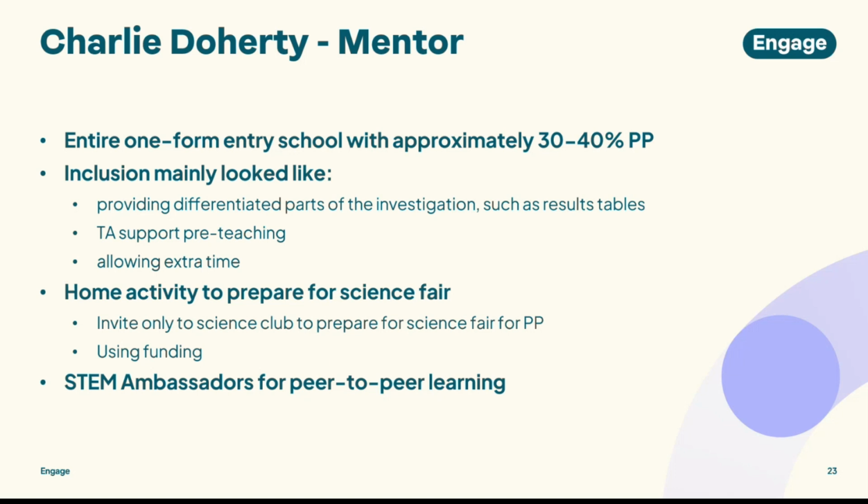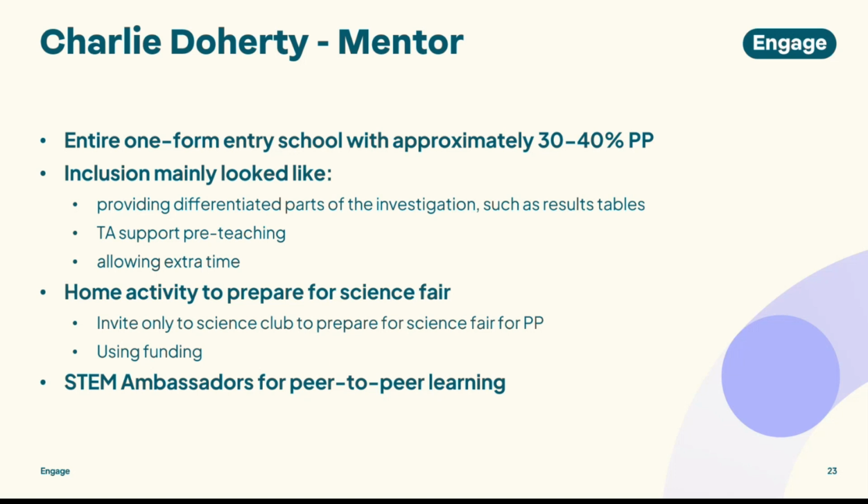She wanted them to be able to share what they were doing at a science fair. So she was aware that this was something they were going to be preparing an activity for at home and then bringing into the science fair. But she was very aware that some of the pupils, particularly those with pupil premium, she knew would not have the support at home.